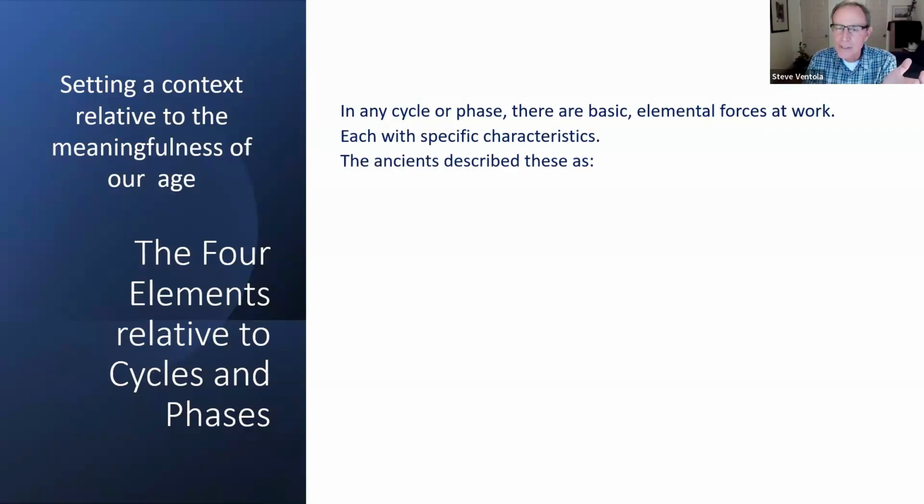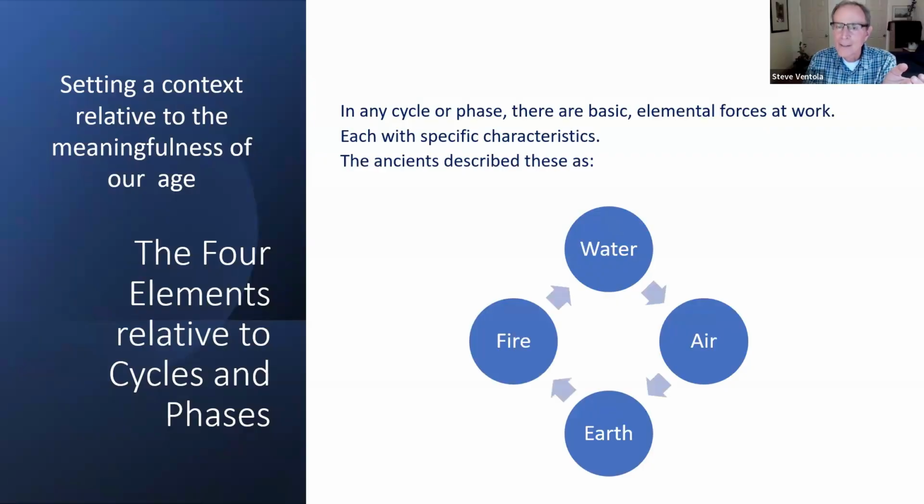The ancients described these as water, air, earth, and fire. So each of these creates a cycle of water, air, earth, and fire. But within each of these phases is another cycle of water, air, earth, and fire. So keep that in mind as I go along.